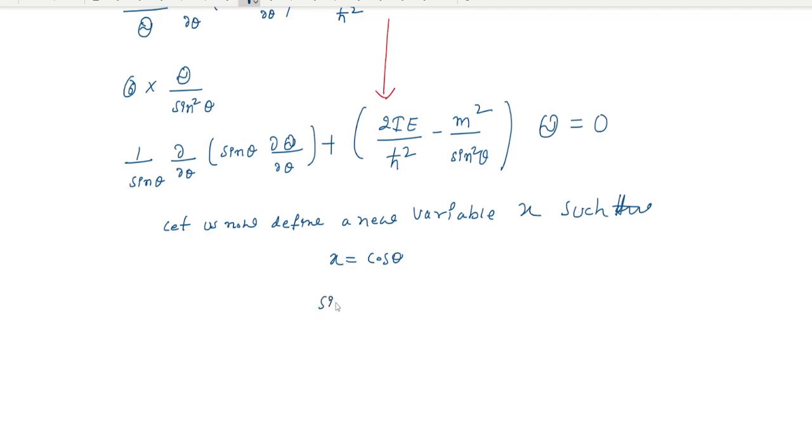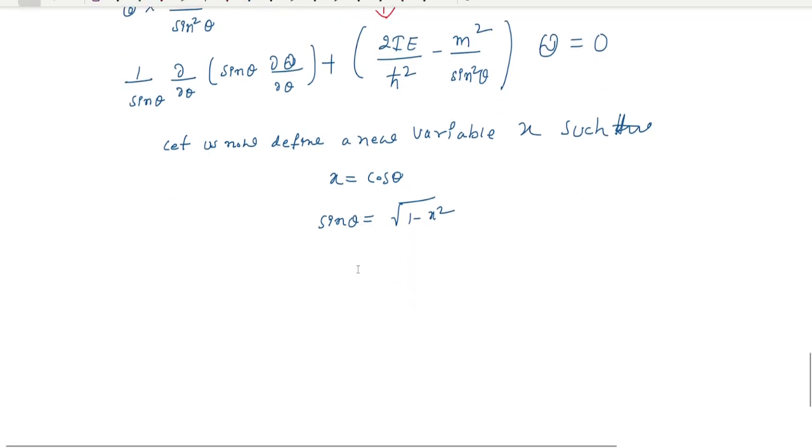So from this, sin theta we can write as root of 1 minus x squared. Sin square theta plus cos square theta equal to 1, right? So using the equation, simply we'll get this equation.